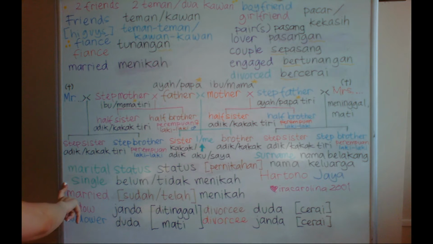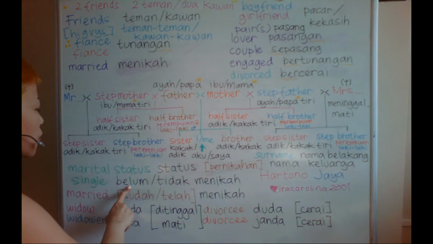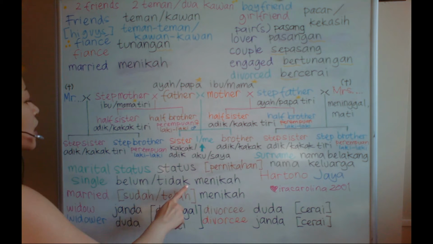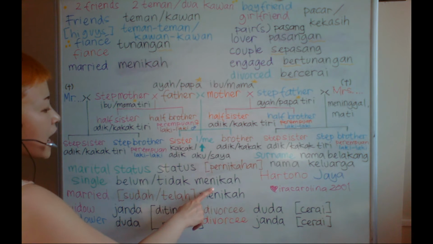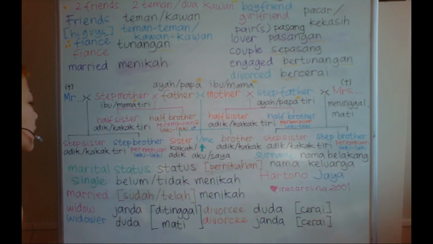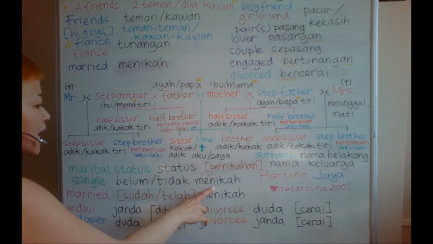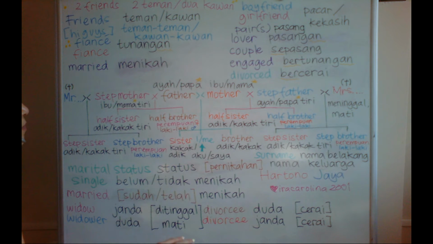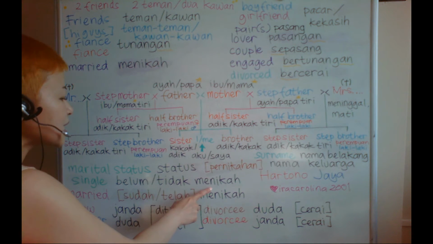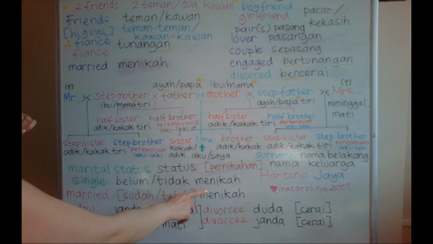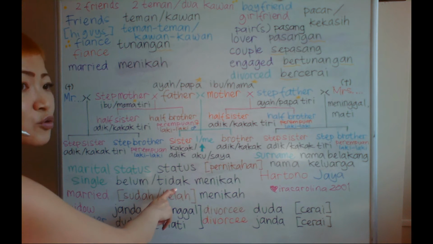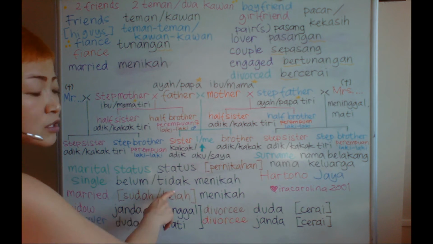And now we'll continue to this one. Single is belum menikah. Menikah is married. Belum menikah, two words, with a space. It means not yet. But sometimes people also say tidak menikah. Tidak means no, don't want to, or not.